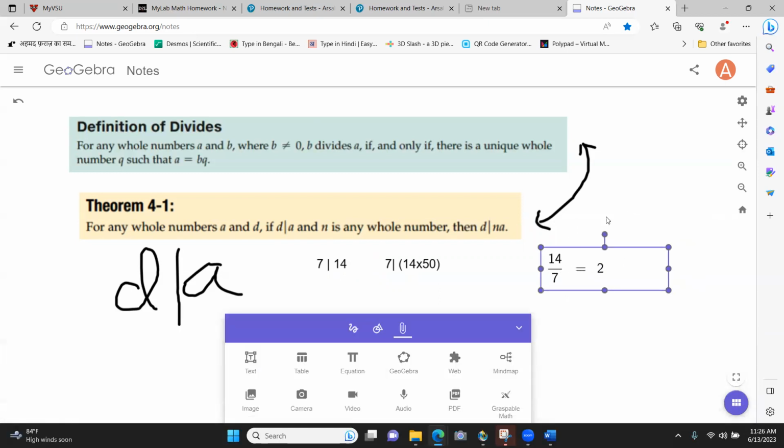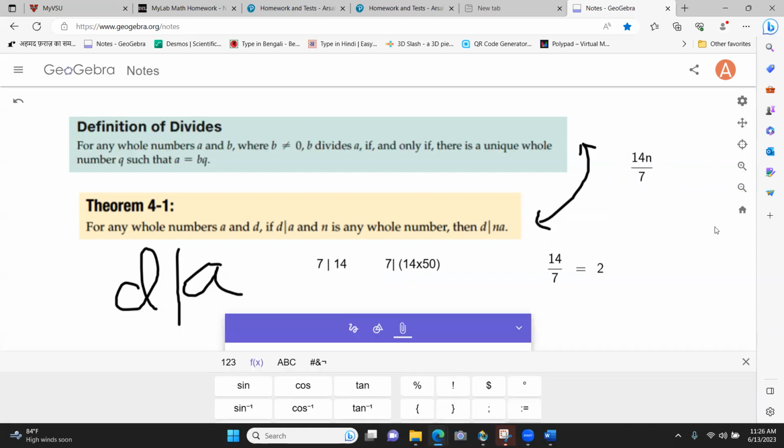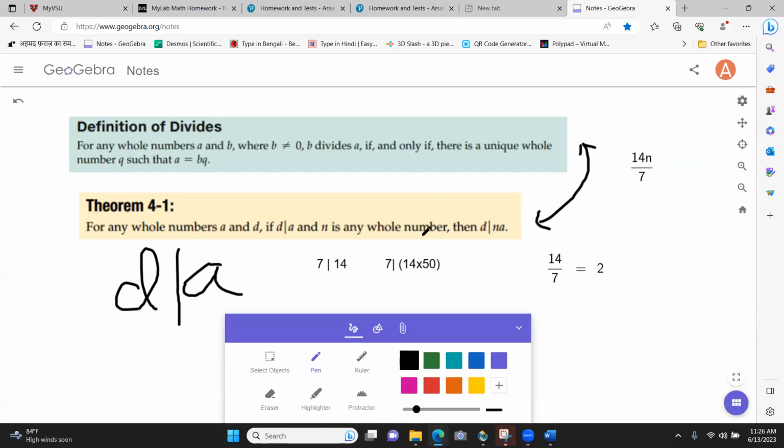Now multiply 14 by anything. Let's just take n and divide by 7. You'll still be able to divide 14 by 7 and get 2. The answer will still be a whole number. It's going to be 2n.